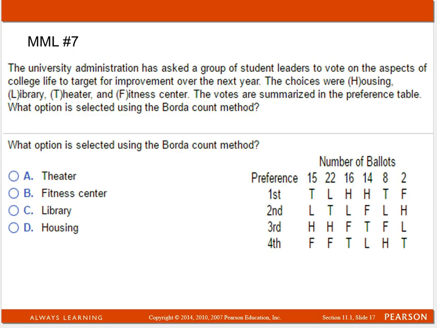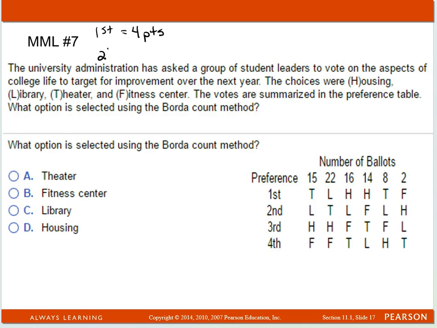And then remember, let's see, how many do we have here? Theater, fitness center, library, and housing. There are 4 things on the ballot. Whatever you choose for first place is going to get 4 points.